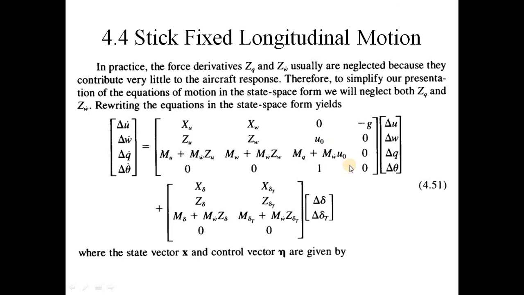So dia 4 kali 4. So ada 4 kali 1. And this is 4 kali 2. And this is 2 kali 1. Okay. So ini dah complete. Okay. So ini cuma matrix AX plus BU. Okay. Only this. Alright. Now I'm going to stop now.